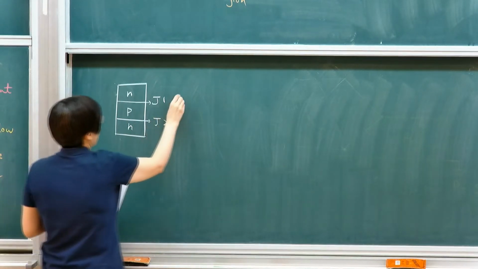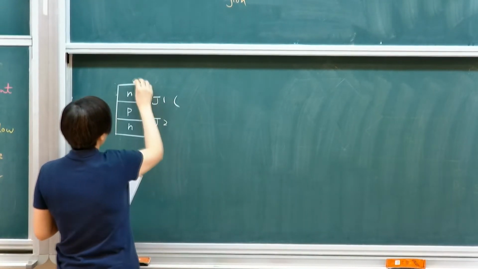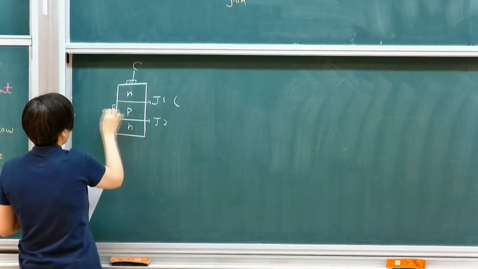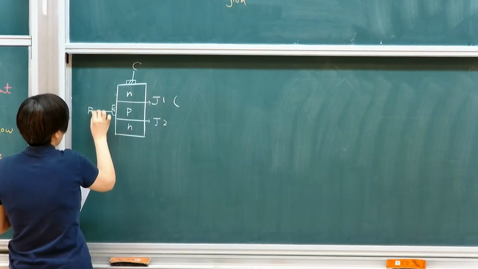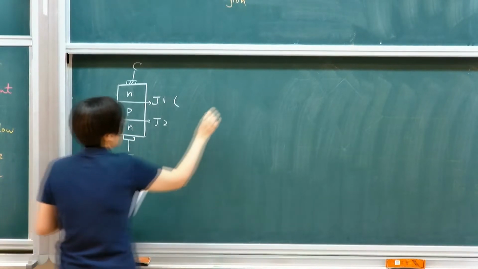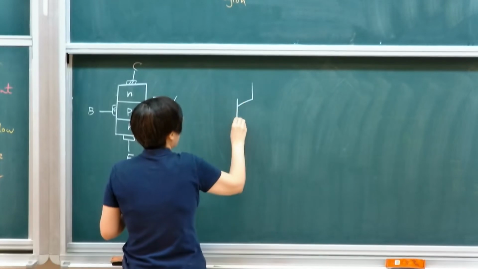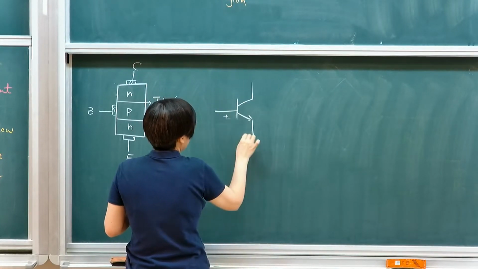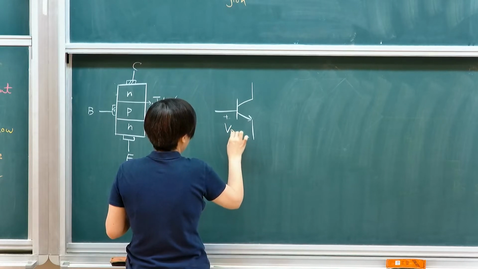One is the collector. Let me highlight it again. Base, emitter. So if you look at this device in symbol, this will be VBE.